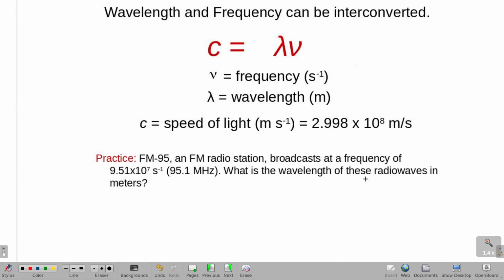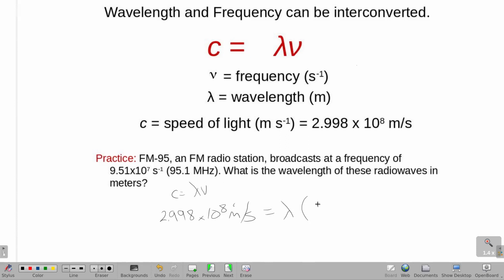And we want to know what the wavelength of that light is. And we're going to get the wavelength in meters. All right, so we are just going to use this equation, c equals lambda nu, wavelength times frequency. We know the speed of light because I give it right there, in meters per second. We're going to solve for the wavelength.